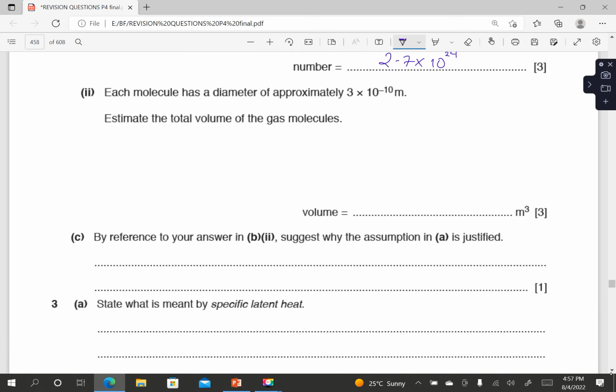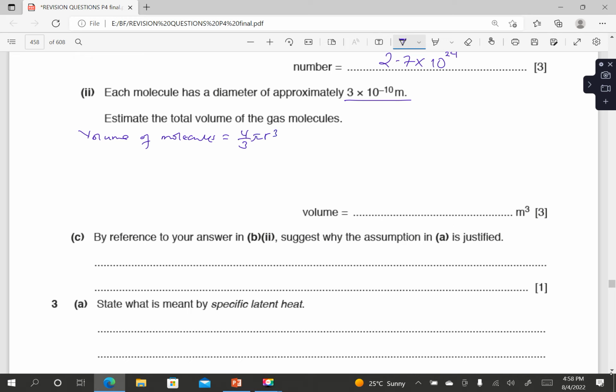Each molecule has a diameter of approximately that. Estimate the total volume of the gas molecules. We know that, assuming they are perfect identical spheres, the volume of one molecule is approximately 4 over 3 pi r cubed.